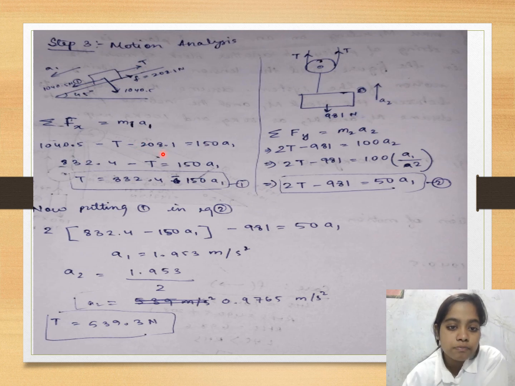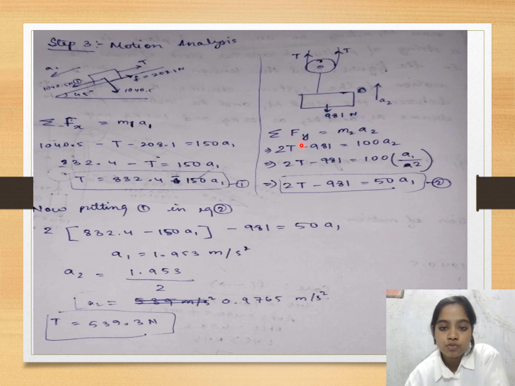Now adding these, we get 832.4 minus T equal to 150 a1. So basically tension is 832.4 minus 150 a1.